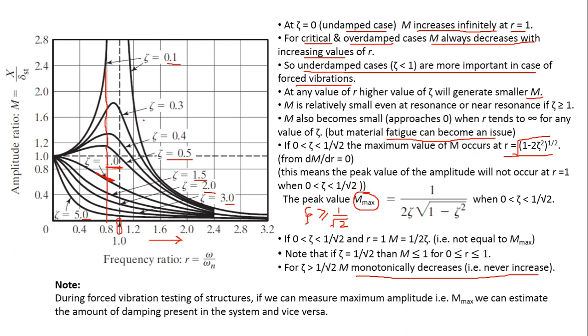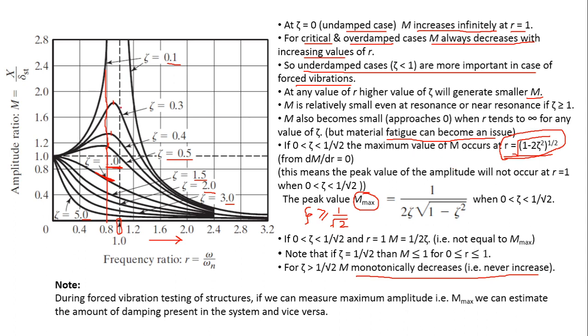So this means that the maximum of the curve shown here for underdamped cases is not exactly at r equals 1. It appears at a value of r given by this expression, r equals under root 1 minus 2 zeta square.